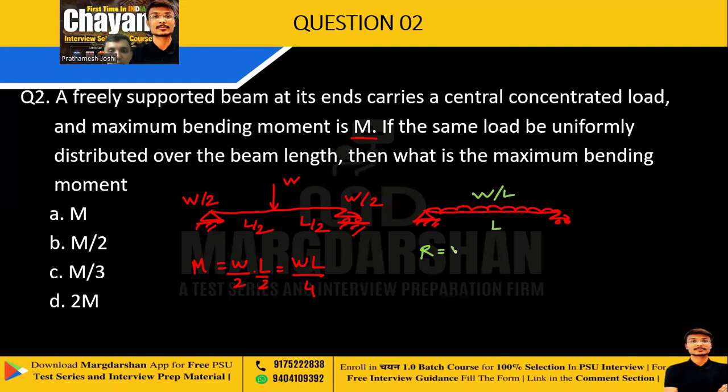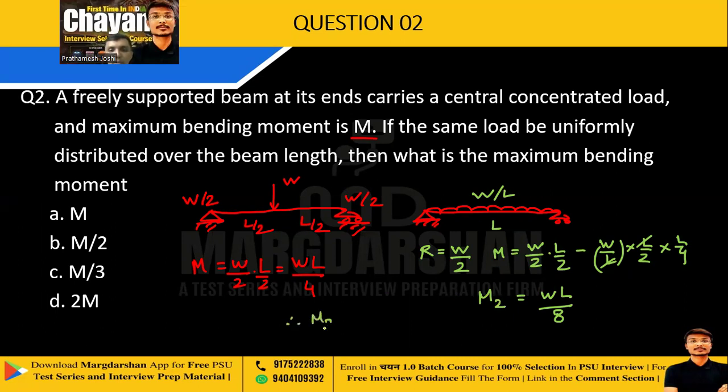And the moment here will be W by 2 into L by 2 minus W by L into L by 2 into L by 4. So that should be giving me WL upon 8. L to L will cancel. Hence, this is M2.